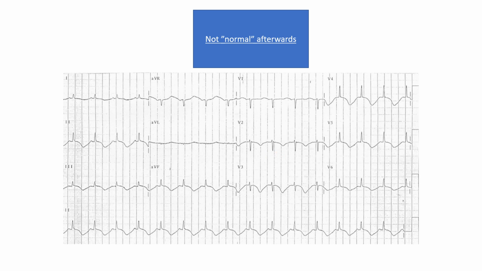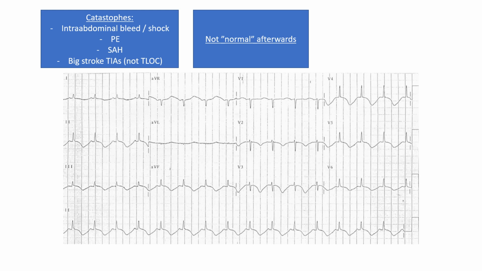But really, they can be even deeper than this. Deep T waves, maybe what we call cerebral T waves. That's something that I haven't mentioned yet, but cerebral T waves is something we see, for instance, in subarachnoid hemorrhage or high ICP.